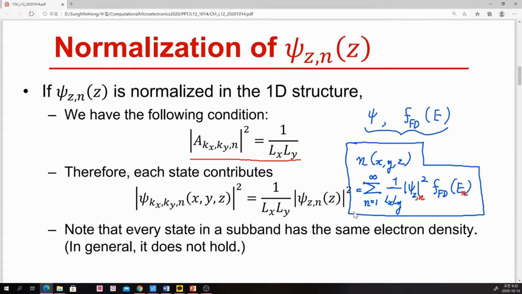Up to now I explained how to calculate the electron density from given information on the wave function and eigenenergy. If we were considering a one-dimensional electron gas, we would have to solve a two-dimensional Schrödinger equation. But right now we are considering just a two-dimensional electron gas inside the double gate structure, so we consider only z directional confinement.